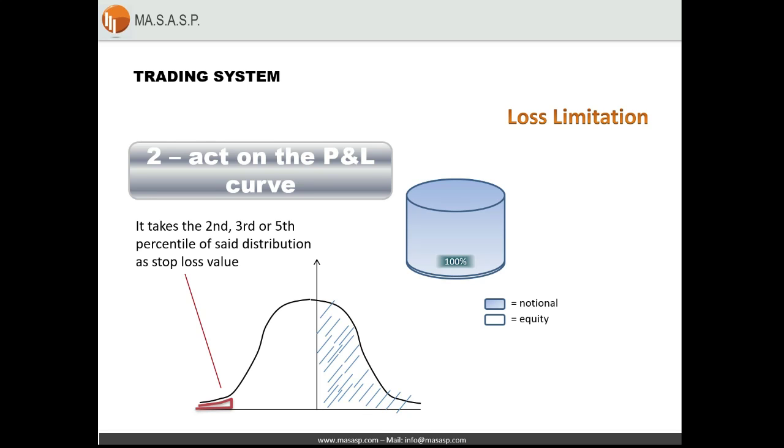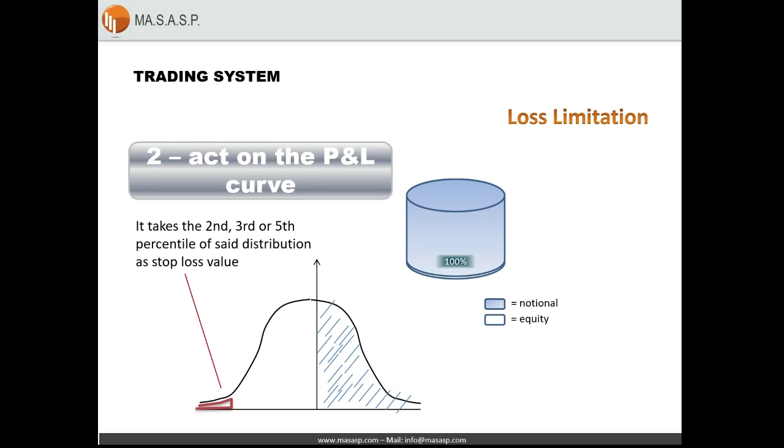At this point, we take actions on these statistics. The first action is setting up a stop loss according to any of these percentiles. Note that the profit and losses plotted here are relative.